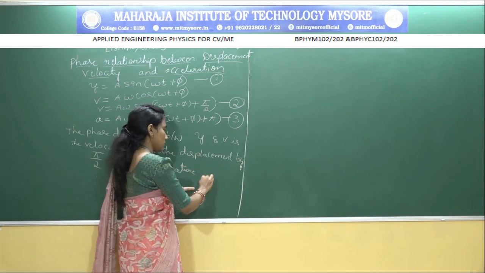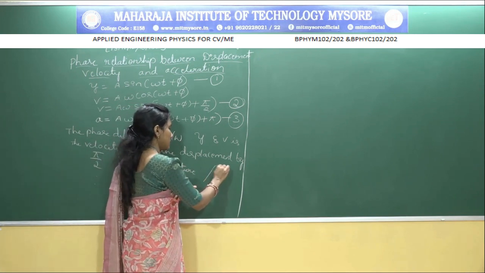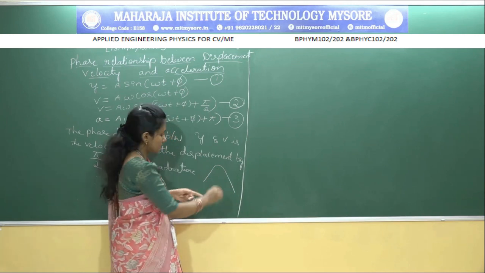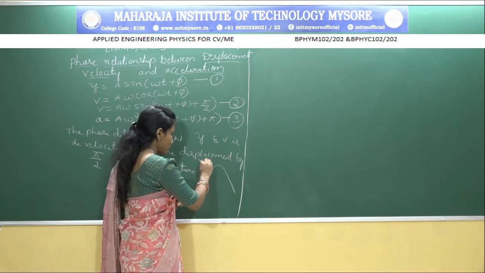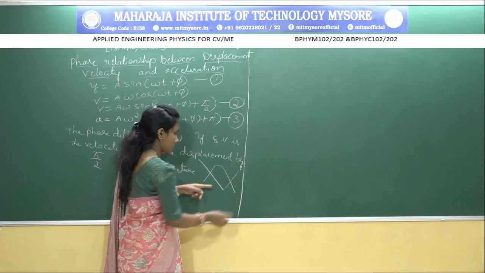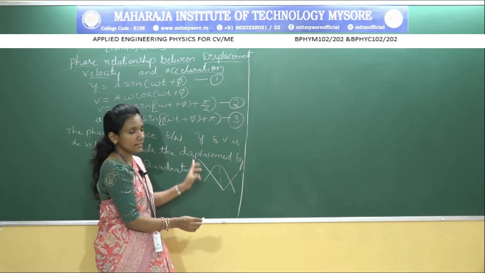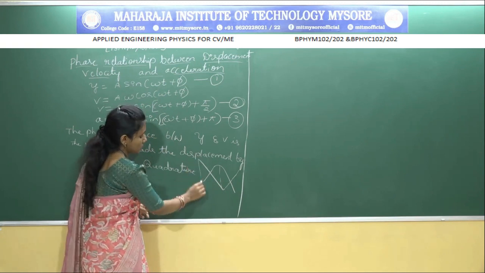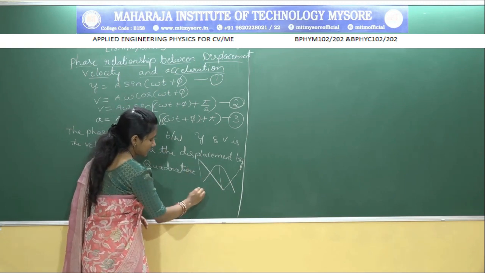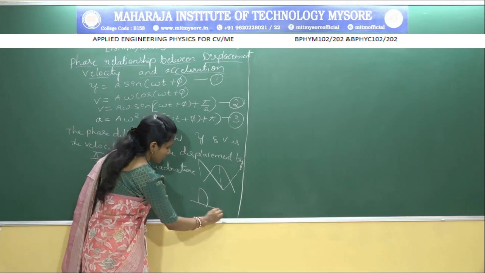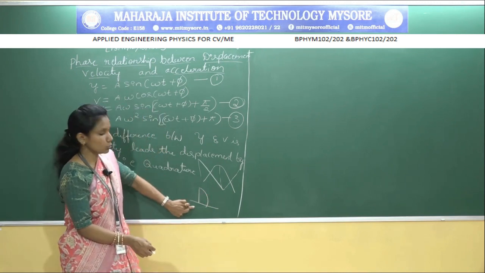So that means if the displacement is like this, then what is the velocity? It is exactly in quadrature form, 90 degree, pi by 2.